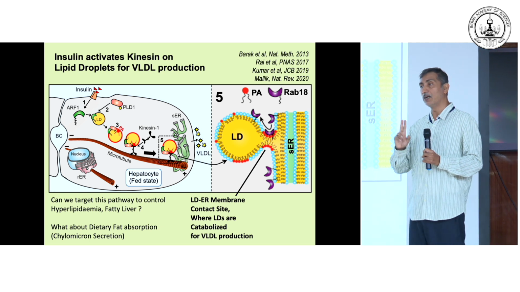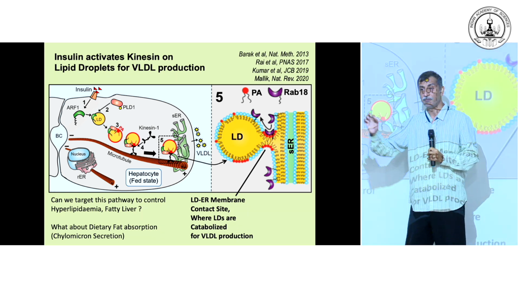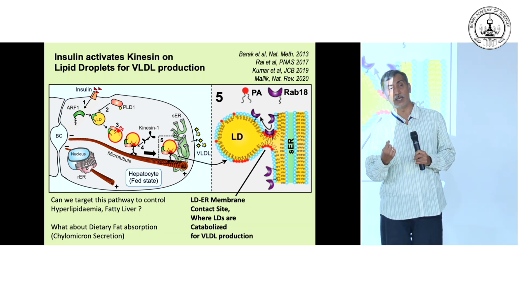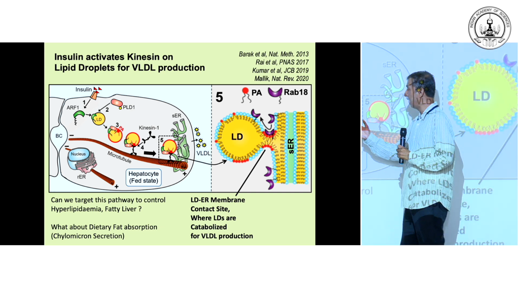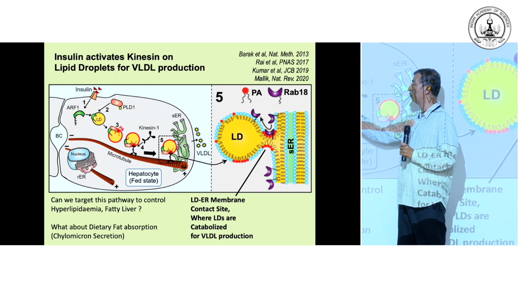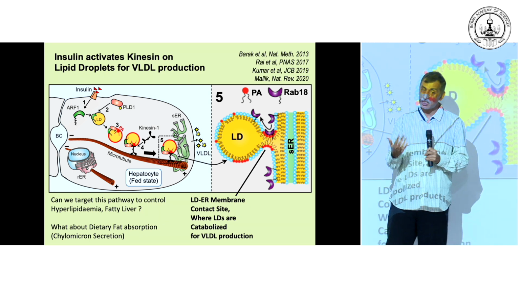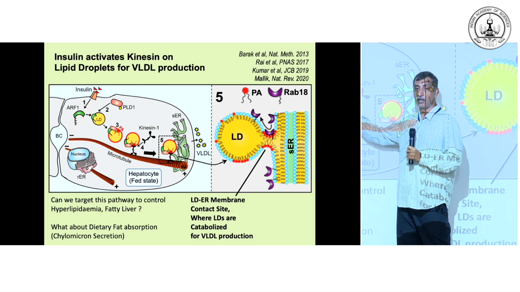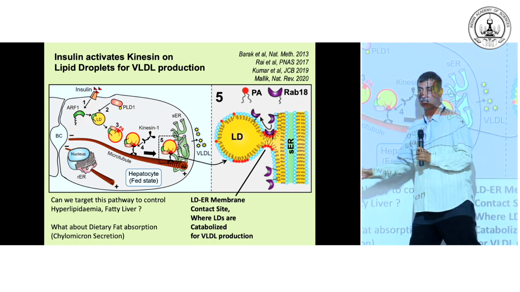You have to find some way to block the activity of kinesin specifically on lipid droplets and not on anything else. And that is where we figured out that the fundamental manner in which any protein binds to a monolayer membrane must be different from a bilayer membrane. So it may be possible to block the binding of kinesin to this lipid droplet and not block the binding of kinesin, let's say, to the other things inside the cell.